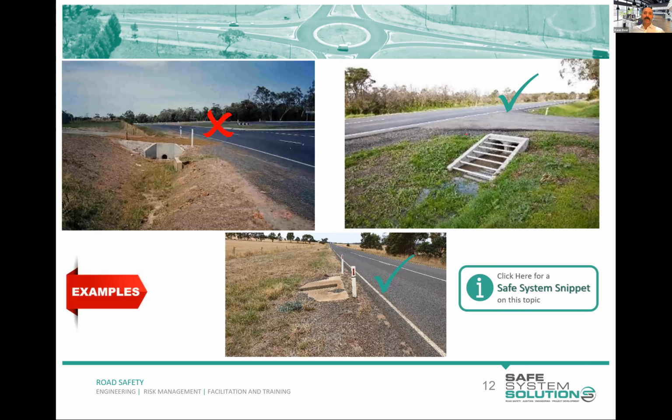I wanted to pop in one example because it might be a little bit unclear for you. Take for example culvert end walls. In most audits, even at a preliminary stage road safety audit, but certainly detailed, you'd be able to identify unprotected culverts and make that commentary.